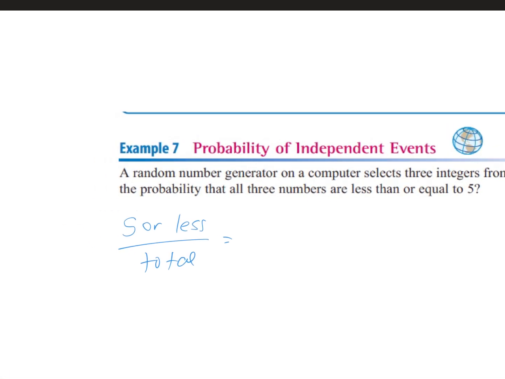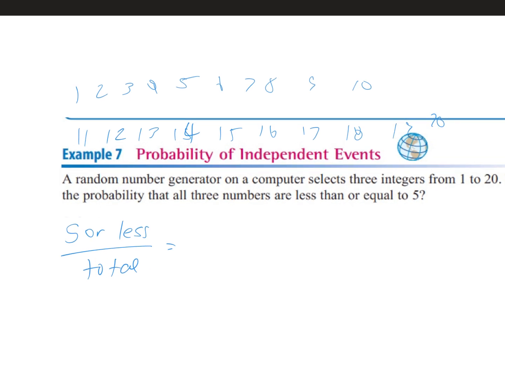If you don't know, write them out. 1, 2, 3, 4, 5, 6, 7, 8, 9, 10, 11, 12, 13, 14, 15, 16, 17, 18, 19, 20. How many numbers do I have total to choose from? 20. What's another way I could have figured that out without writing them all out? What was the formula that we used on our quiz? Minus 1 plus 1. 20 minus 1 plus 1.